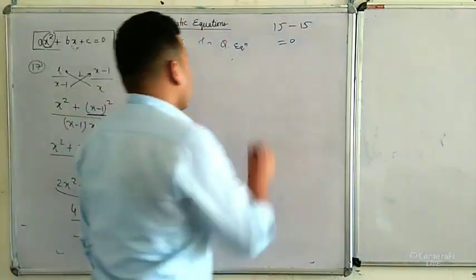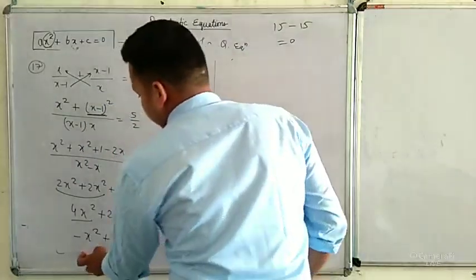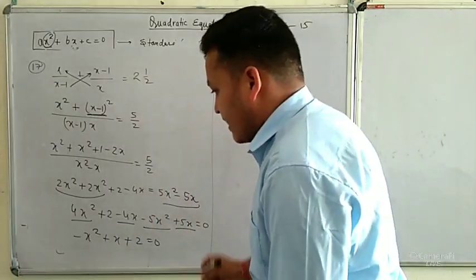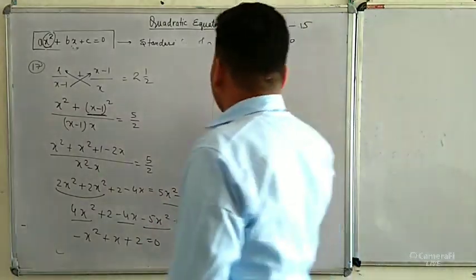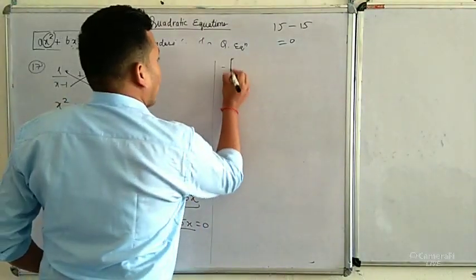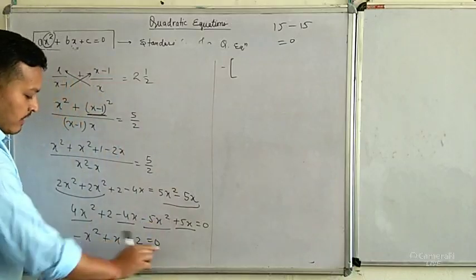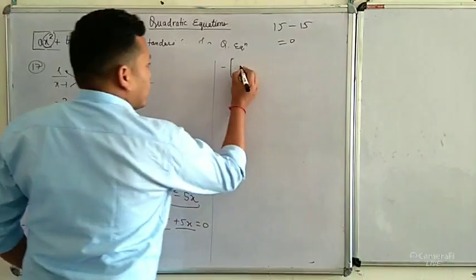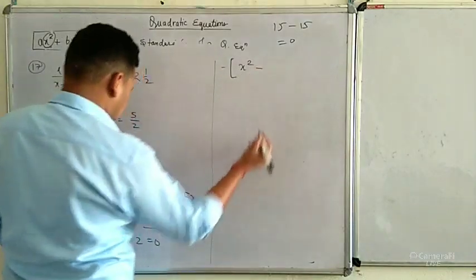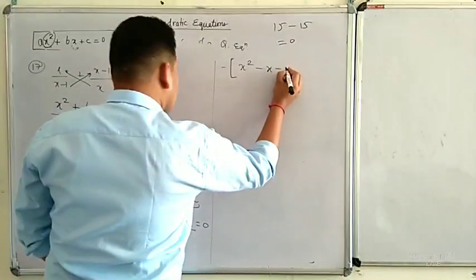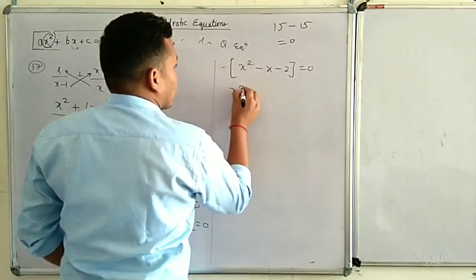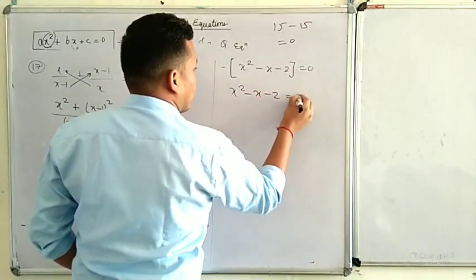If the negative sign is coming with the x square, and if there is any complication, अगर आपको कोई थोड़ा सा टफ लगता है तो we can write minus is common in the whole part, so then all the signs will be reversed, सारे sign reverse हो जाएंगे, so then x square minus x minus 2 is equal to 0.